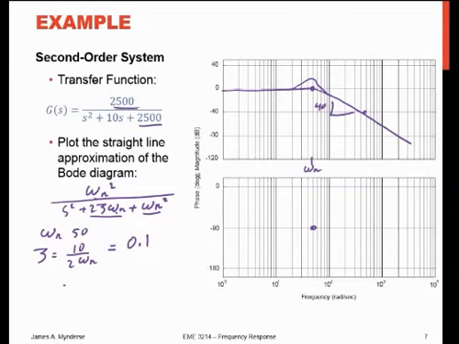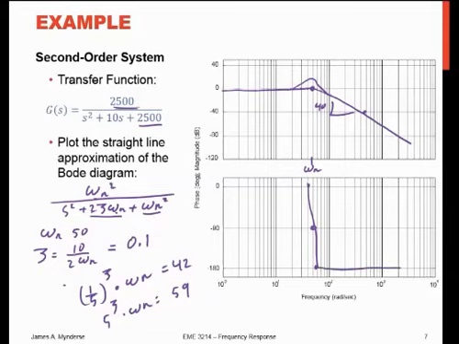One corner is at 5 to the minus zeta times omega n, which works out to 42, and the other corner is at 5 to the zeta times omega n, which is equal to 59. So we go to 42, it's somewhere about here, and 59 is somewhere around there. Draw a straight line at 180, a straight line at 0, and there's my phase.